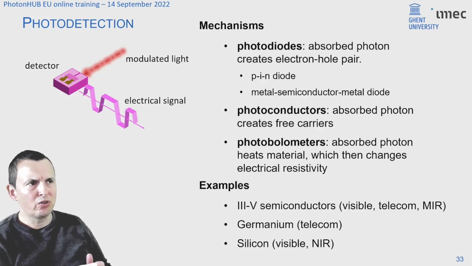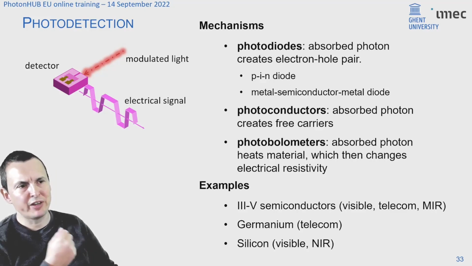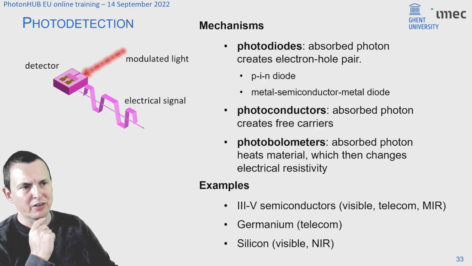You can also look at photoconductors or even photobolometers. But if you want fast detection, you typically need a photodiode. For that you need III-V semiconductors, but in the silicon photonics platform, the most common material used today is germanium. If you work at visible wavelengths, you can of course use silicon as well.